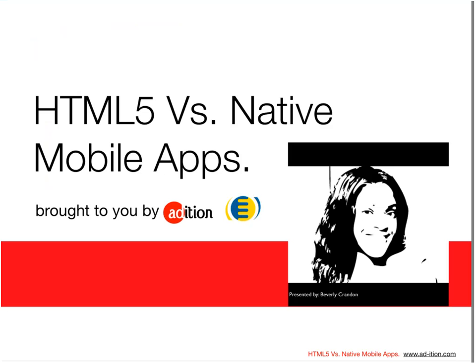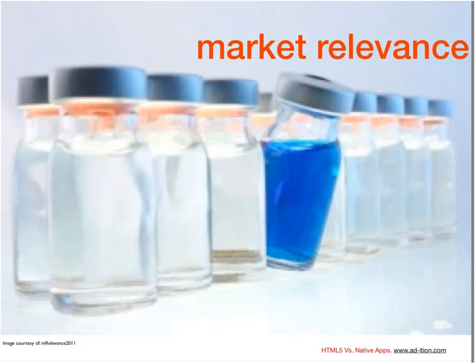So as I mentioned, our topic today is HTML5 versus native mobile apps. Now, when it comes to mobile, we're often asking people in the marketplace about what they're doing with their mobile strategies. And usually the response is pretty much the same. People say, well, absolutely, we've got a mobile strategy.